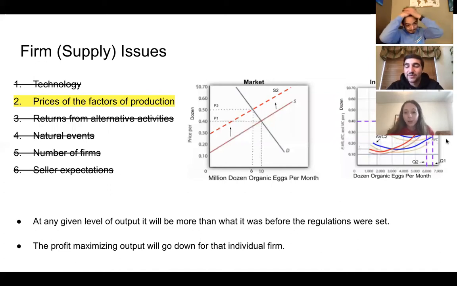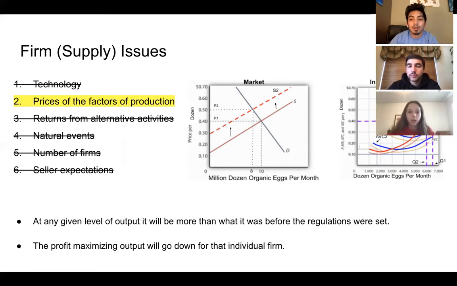All right, so for the firm supply issues, the regulatory cost is being imposed on the production. The only shifter, as you can see, is the prices of the factors of production. So at any given level of output, cost is going to end up being more than what it was before the regulations were put in place.